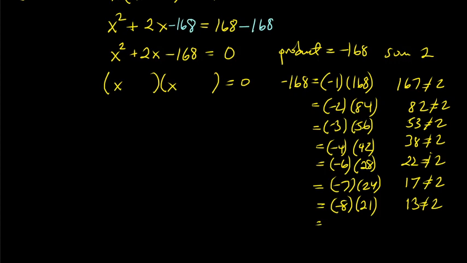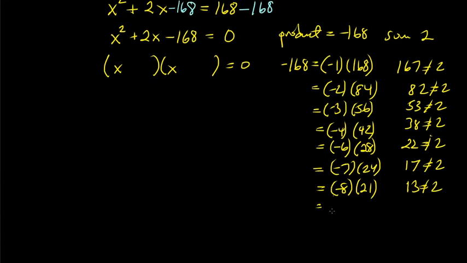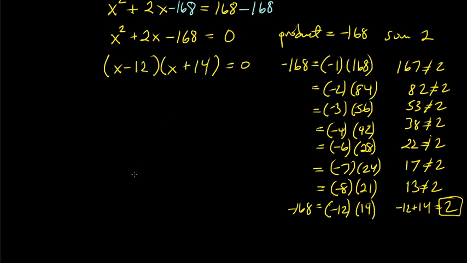Nope. What about 12? Oops, sorry, negative 12, and we get 14. So negative 12 times 14 is indeed negative 168, and negative 12 plus 14 is indeed 2. So there's our match. The two numbers are negative 12 and positive 14.